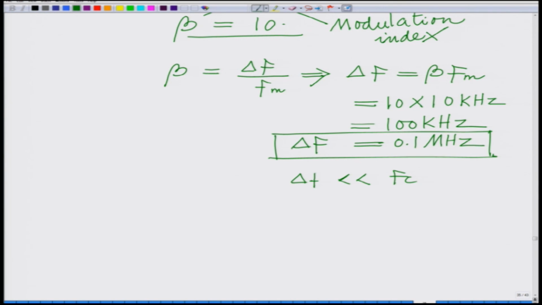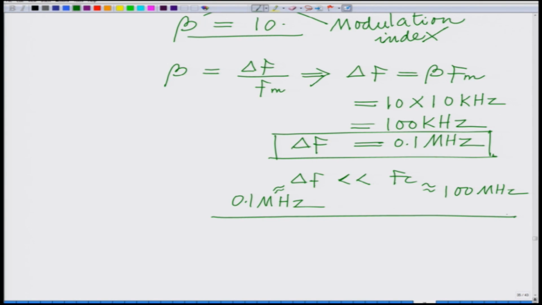So this frequency deviation delta f is typically much smaller than Fc, the carrier frequency, for a frequency modulated signal.